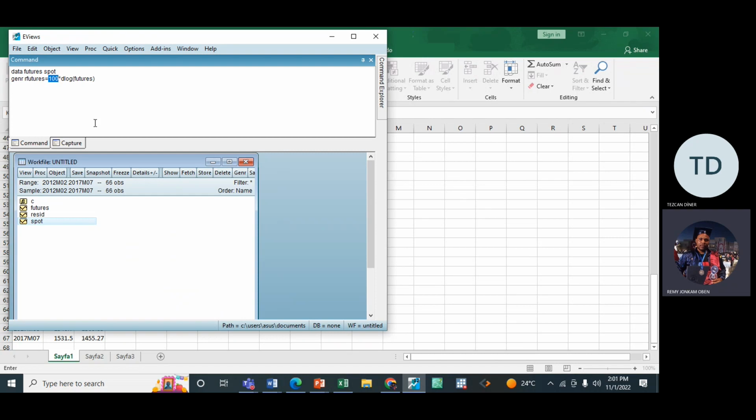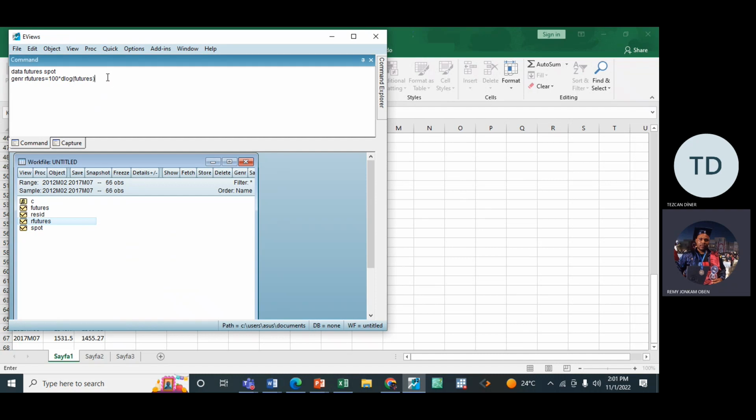So to convert prices to returns, we first get the log of the prices, and then you get the first difference of the log. That will give you the return, and then multiply it by 100 so that you get it in percentage. Does that make sense? If I press enter, I get my return series here.